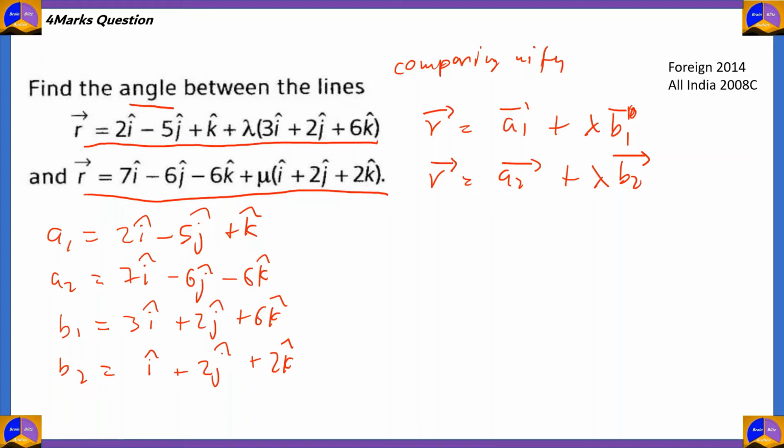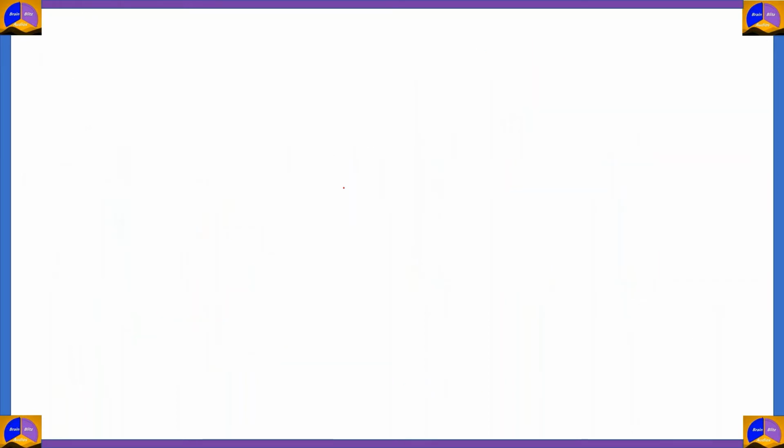But how do we find the angle between these two lines? The equation for the angle between two lines is theta = cos inverse of b1 dot b2, these are vectors so it's their dot product, divided by modulus of b1 into modulus of b2. So let's find the modulus of b1 and b2.